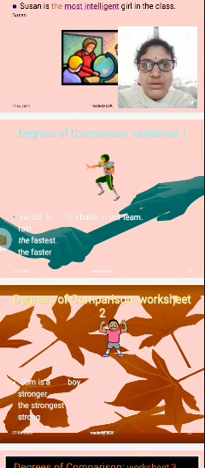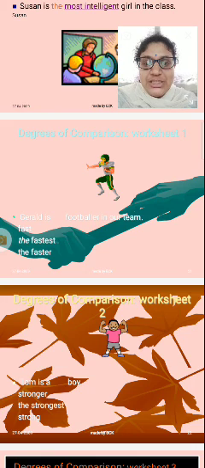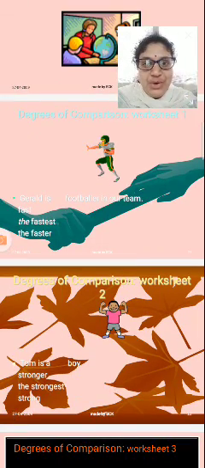I have some more examples. Gerland is the fastest, or the faster. Gerland is a dash footballer in our team. So this is a worksheet. So what is the answer here? Gerland is a fast footballer in our team, or the fastest, or the faster?